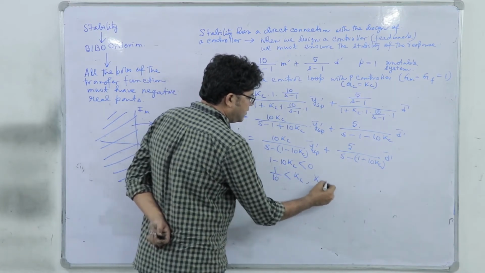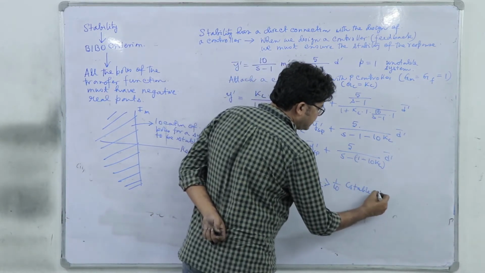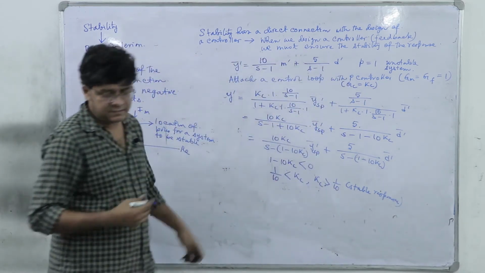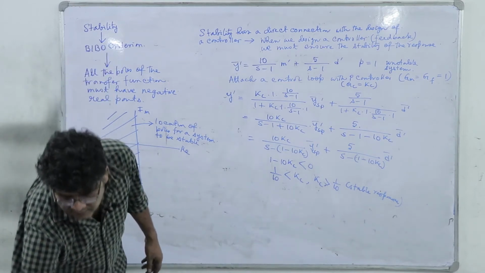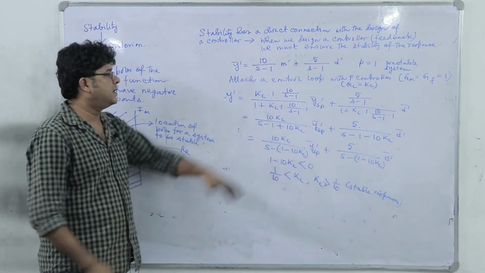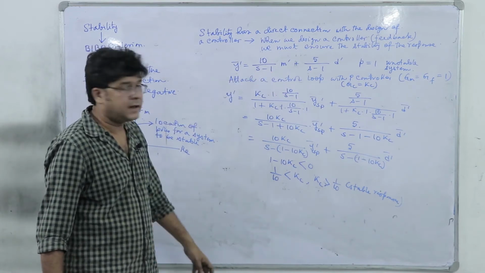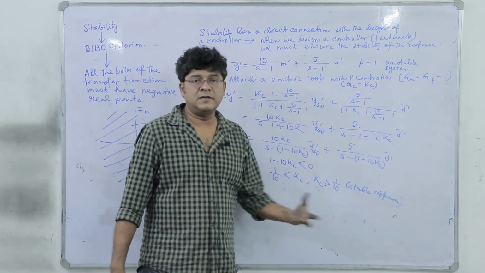So KC greater than 1 by 10 will yield a stable response, because the pole is now negative, right. For KC greater than 1 by 10, the respective pole, which was previously for this open loop system equal to 1 and hence unstable, will now be stabilized upon attaching a feedback loop.